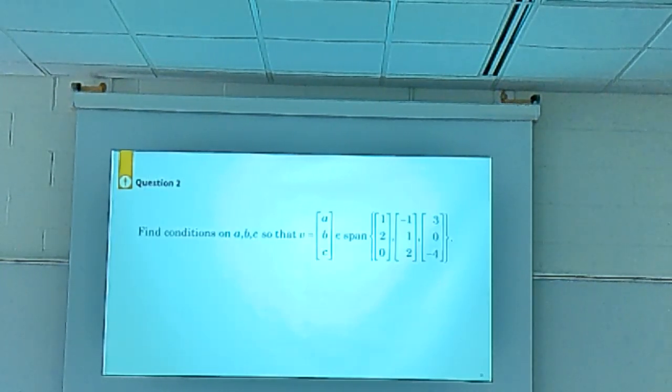Find conditions on A, B, and C so that the vector ABC is in the span of (1, 2, 0), (-1, 1, 2), and (3, 0, -4).